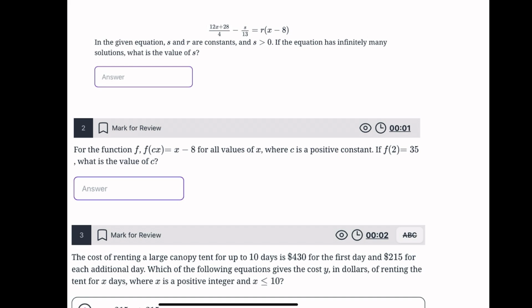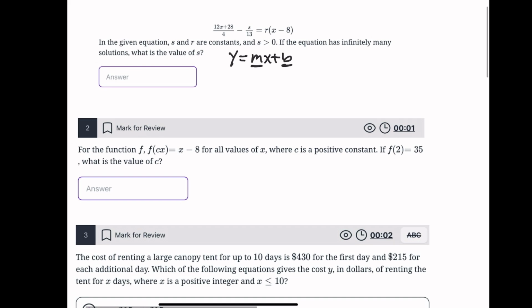Now, because the two lines are in our linear system, they are in the form of y is equal to mx plus b. So if two lines are the same, then their slope and y-intercepts, or their m and b, are the same. So you basically have to equate the m and b of these two equations.